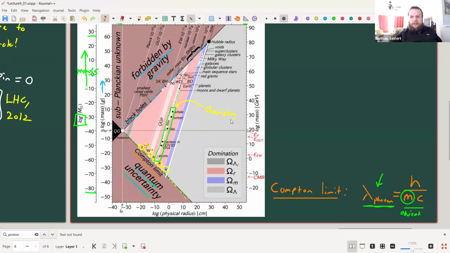You can see once we get up to larger scales, we start to get to astronomy. And this is as the universe gets larger, and so on and so forth. But the important thing is that this is where matter is organized in the universe.